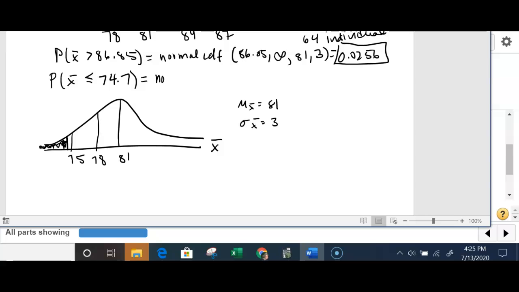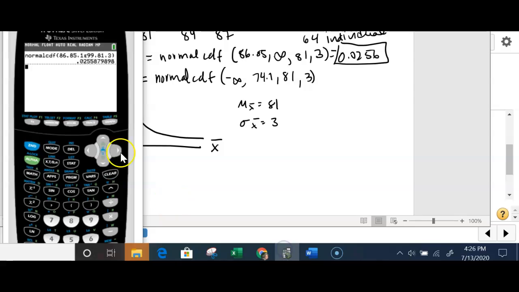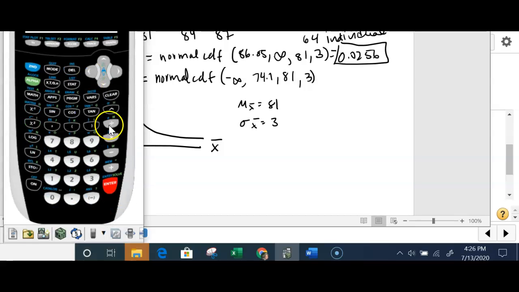So I'll have a normal CDF, negative infinity, 74.7, 81, and 3. So I'm going to have my negative infinity, so I'm going to have a negative 1 times 10 to the 99th.